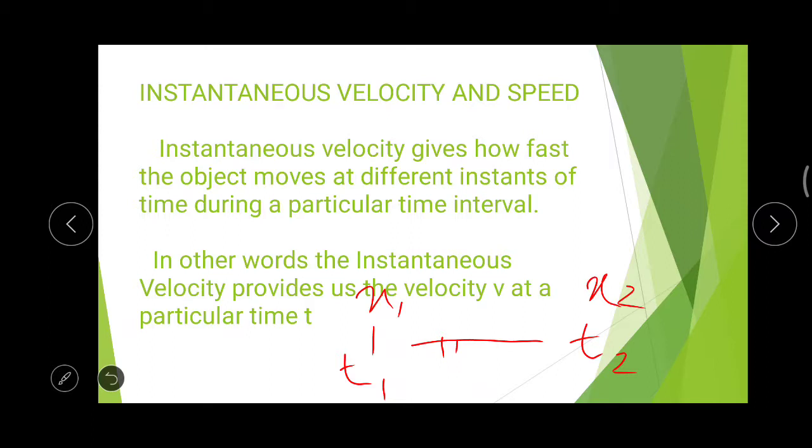Now let us come to the definition of instantaneous velocity. Instantaneous velocity gives how fast the object moves at different instants of time during a particular time interval. Actually, the average velocity is the velocity for a time interval, isn't it?